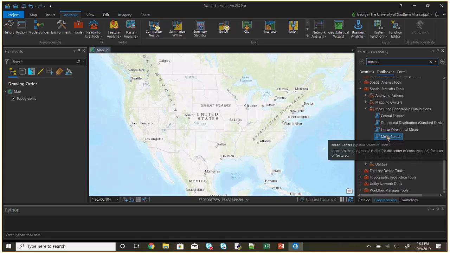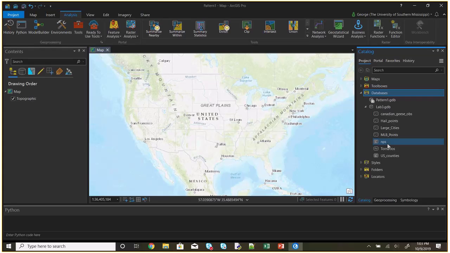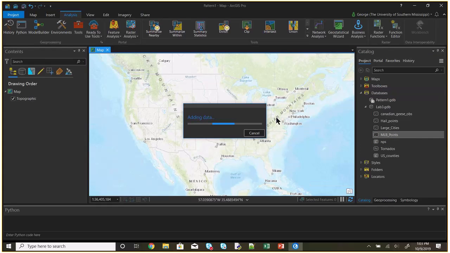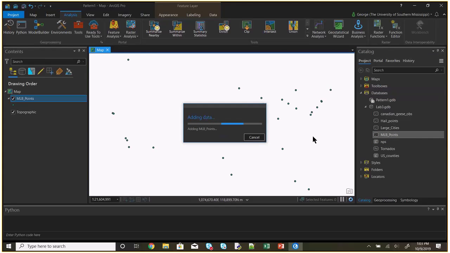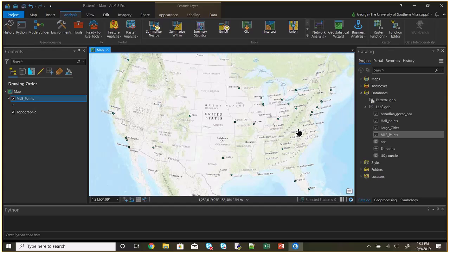All right. So for example, let's go back here, just so that it'll run fast. There's not a whole lot of Major League Baseball teams in the United States, right? Tonight's an exciting night for me because I lived in St. Louis until I was 12, and then I moved to the Los Angeles area.